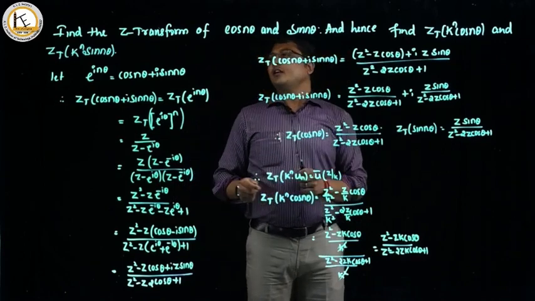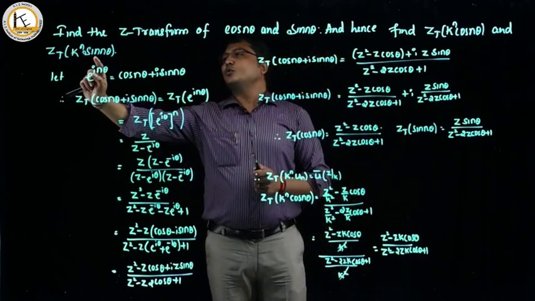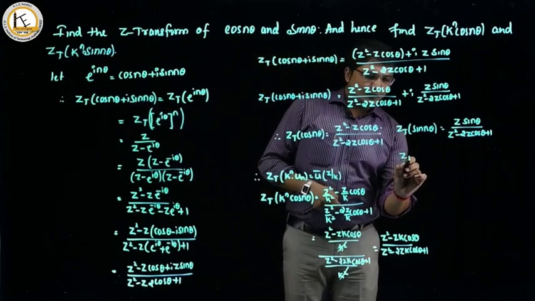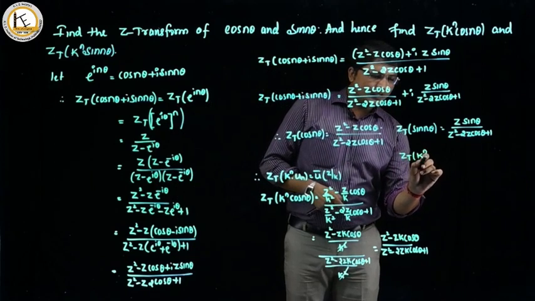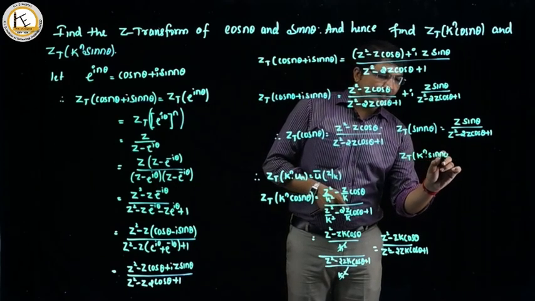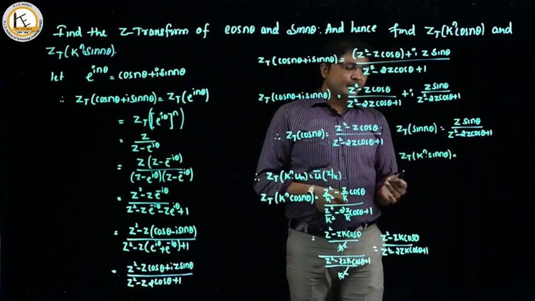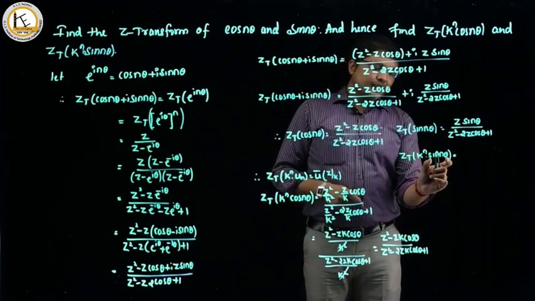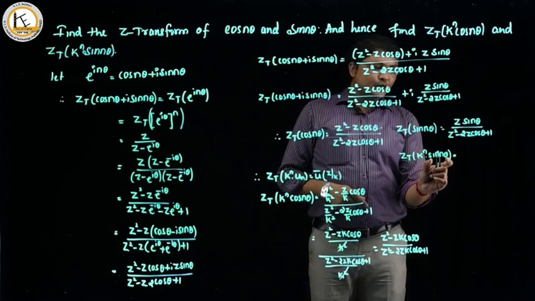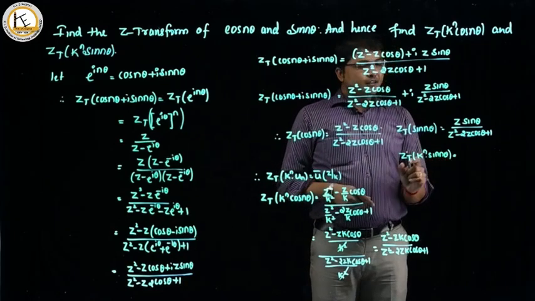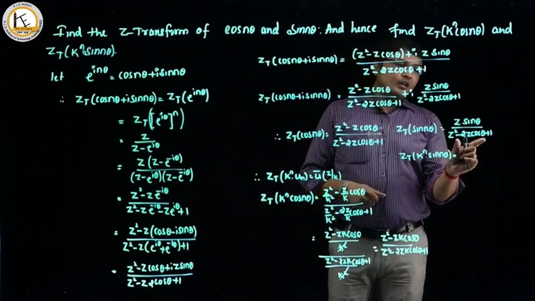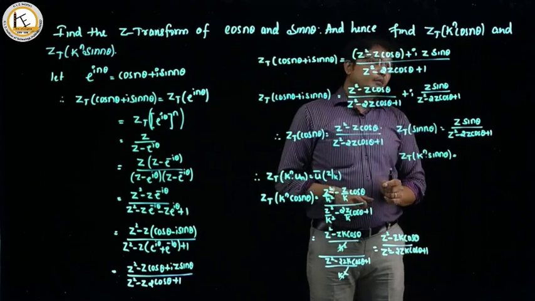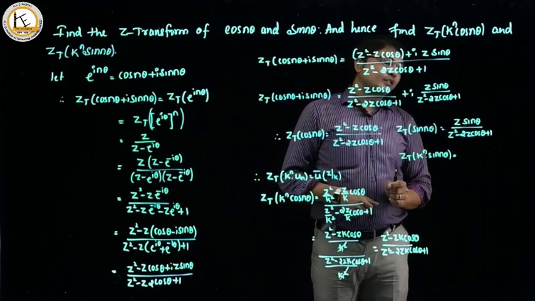Similarly, we will find the z transform of k raised to n into sin n theta. Obviously this is also of the form k raised to n into u n. Here u n is sin n theta. So first we need to find the z transform of sin n theta, and we already know the z transform of sin n theta as z sin theta divided by z square minus 2z cos theta plus 1.